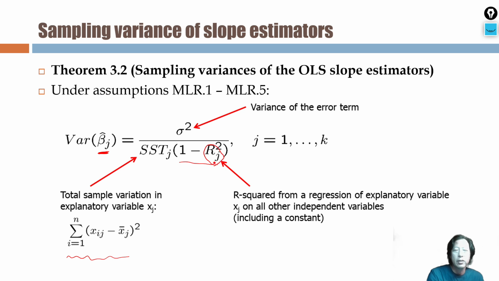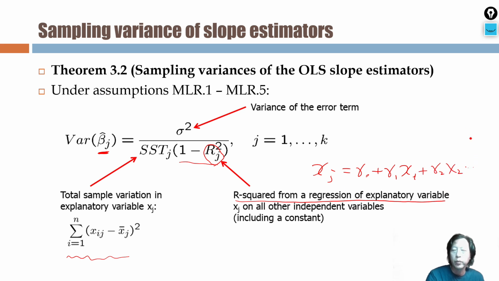Here, this R is not our model's R. Rj squared is the R square from a regression of xj on the other variables, x1 plus x2, and so on.